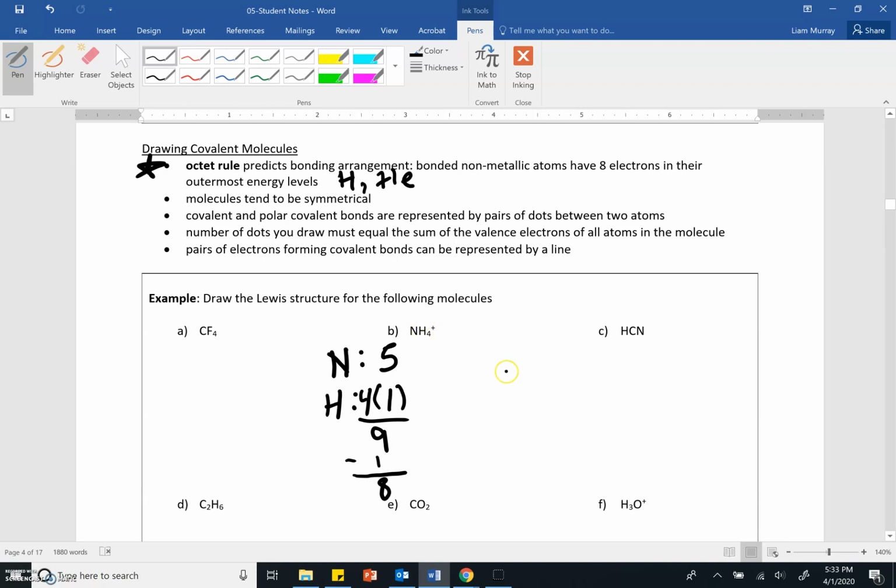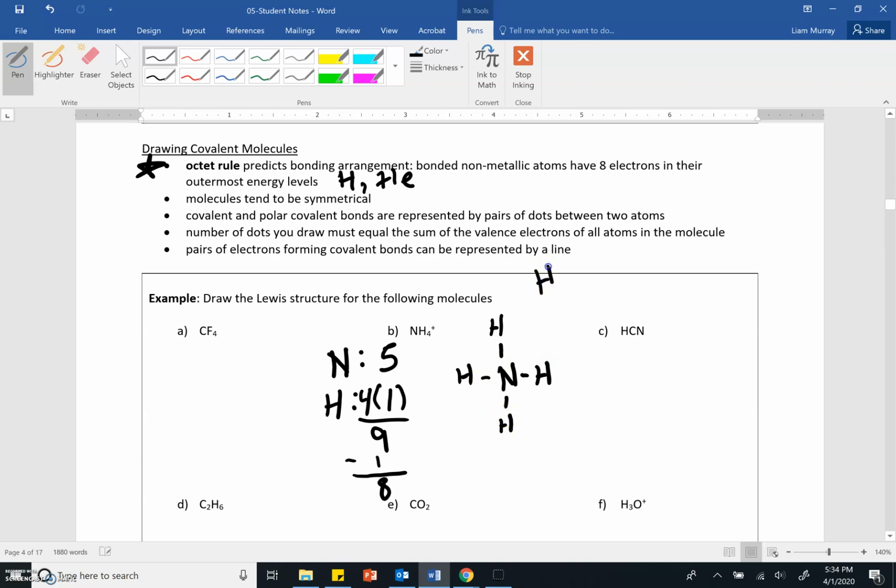My central atom is going to be nitrogen because I have 1 nitrogen versus 4 hydrogens. Then I want to do my next step of creating a bond with each hydrogen around my central atom. So I've now got four stable, happy hydrogens, right?